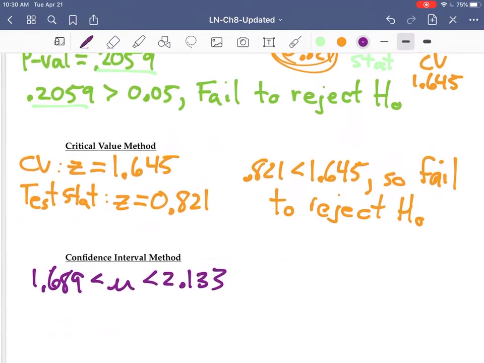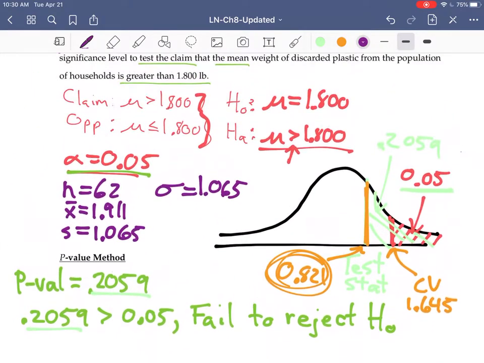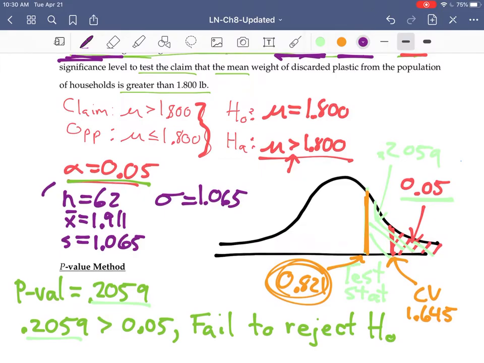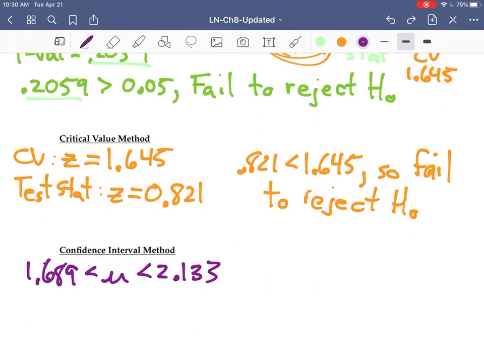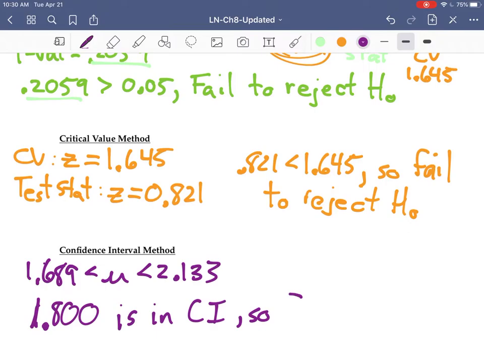So that is the confidence interval associated with this sample here in purple. That confidence interval associated with that sample there in purple, it does in fact contain the null hypothesized mean. So 1.800, that null hypothesized mean, is in the confidence interval. So we fail to reject the null.